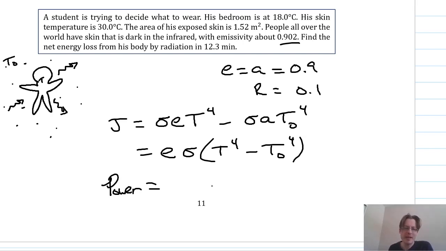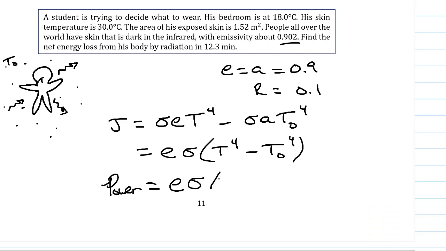You'd have to multiply it by our surface area to figure out the total number of joules per second. So that would be E sigma times our skin area times T to the fourth minus T naught to the fourth. And that comes out to be about 100 watts. I have 97.8 watts. So our whole body together acts pretty much like a 100-watt bulb in terms of the energy flow.